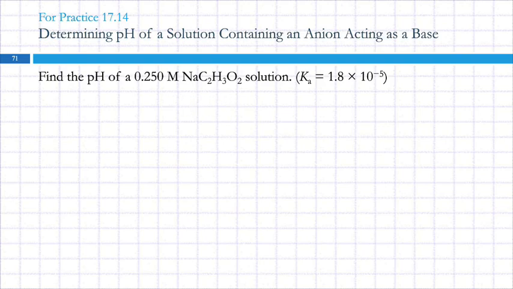This is an ionic compound. It has sodium ion and acetate ion, Na plus, C2H3O2 minus. If we put a hydrogen ion on that, it becomes an acid, and that is acetic acid.